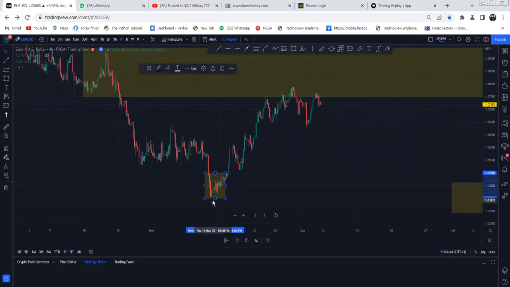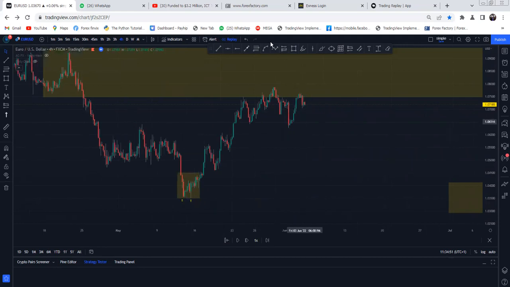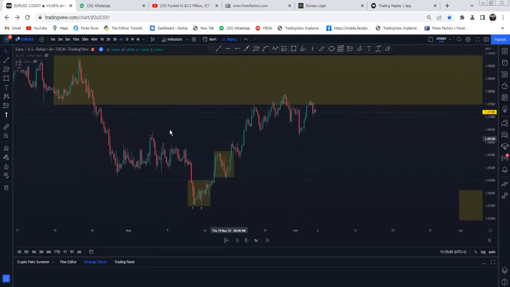Origin of consolidation, we have some equal lows here. Remember I said the kind of liquidity lying here is very important. You have your first consolidation, second consolidation, third consolidation.